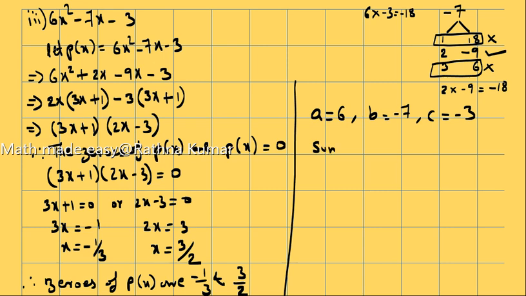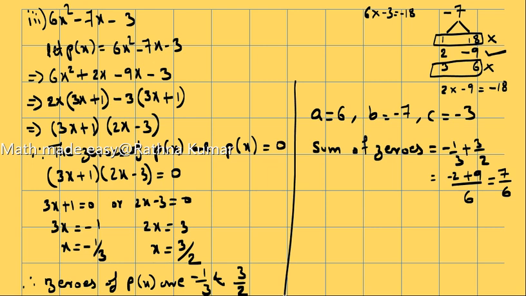Sum of zeros is -1/3 + 3/2. So what is the LCM here? LCM is 6. Minus 1 into 2 is -2, plus 3 into 3 is 9. So -2 + 9 is 7/6. So this is the sum of zeros.